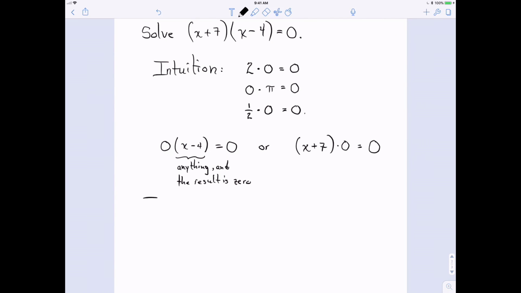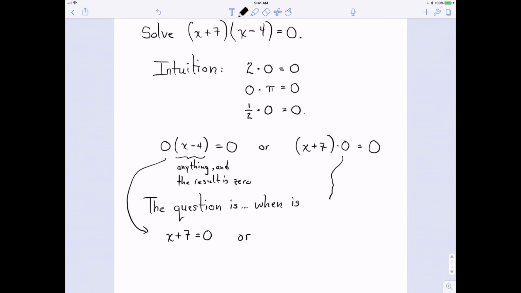So that's the question. Remember that 0 came from the x plus 7, so when is x plus 7 0? Or this 0, this is when x minus 4 was 0. So we can solve this.